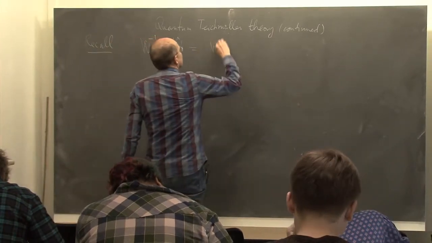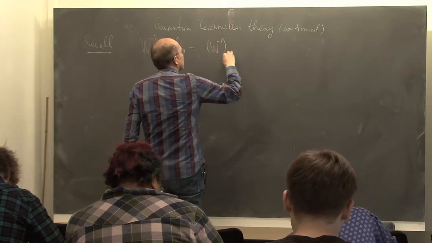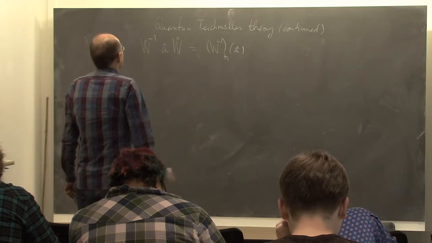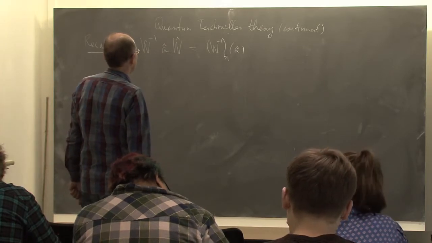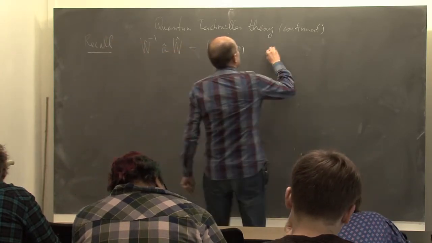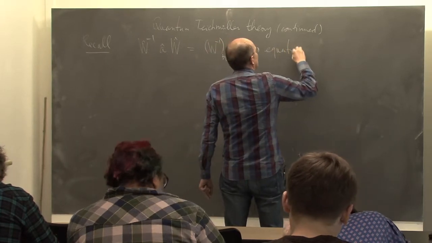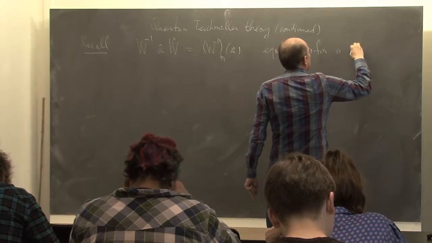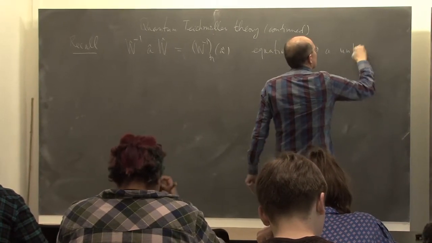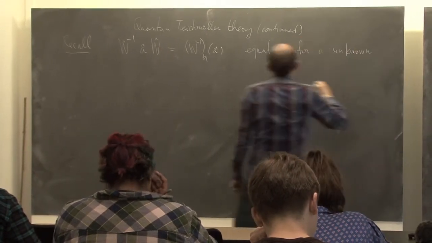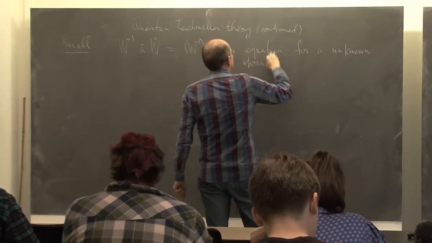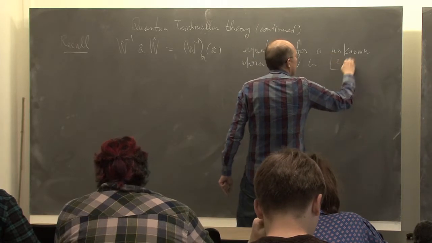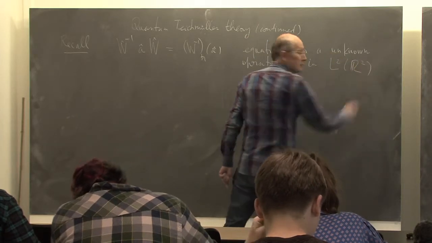So it was like this, W minus 1 with index h bar acting on a hat. So the equation for unknown operator W hat in L2 of R2.